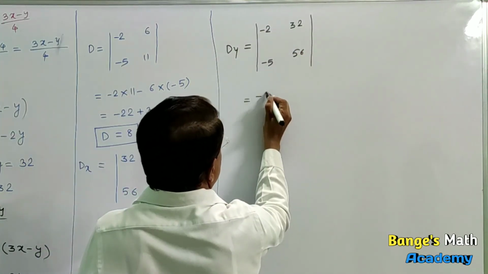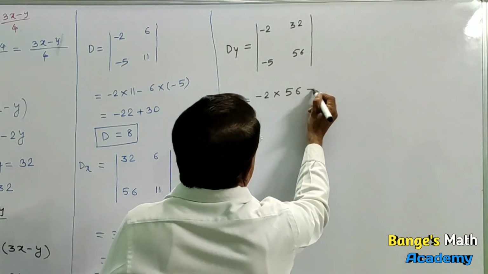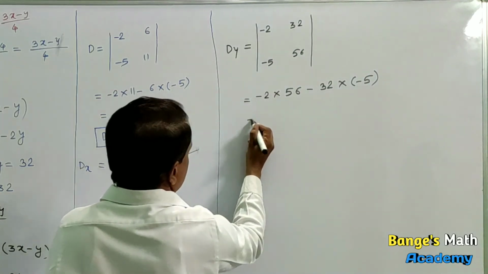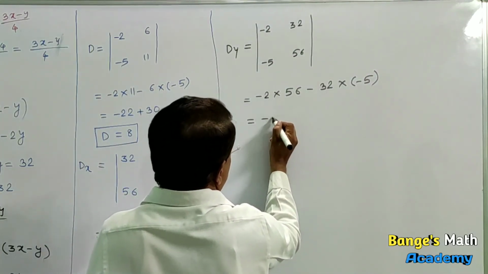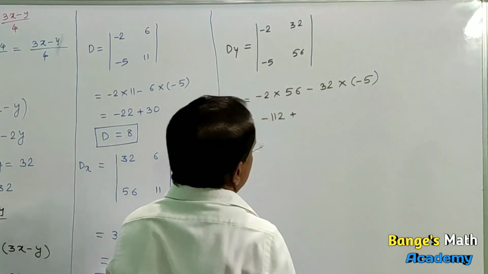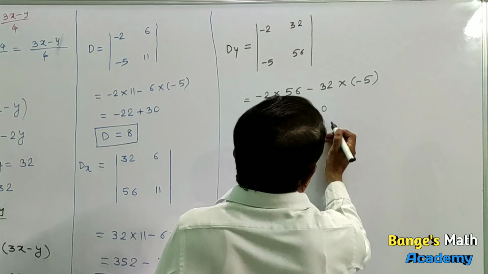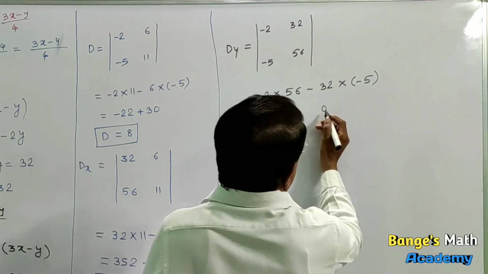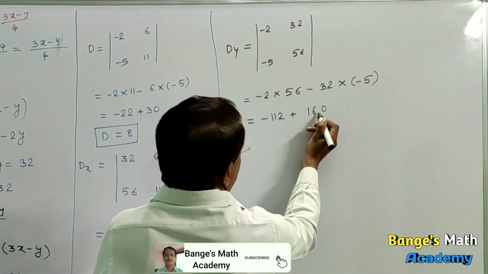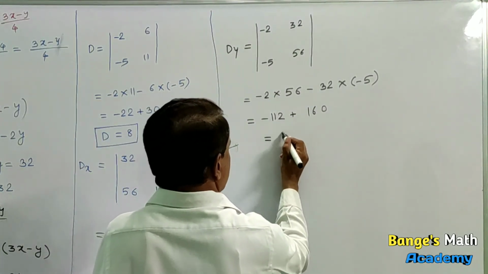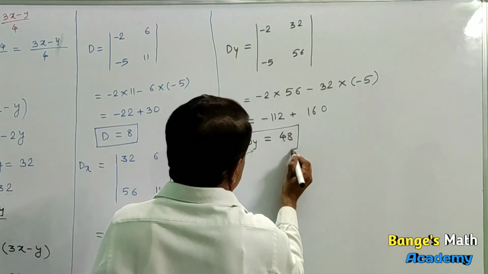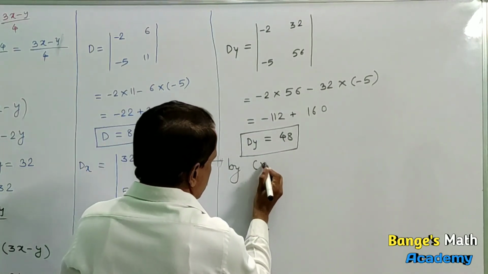Minus 2 into 56 minus 32 into minus 5. Minus 2 into 56 is minus 112. Minus into minus plus, 32 into 5: 5 2s are 10, write 0, carry 1, 5 3s are 15 and 1 is 16. Minus 112 plus 160 is equal to 48. So dy is equal to 48.